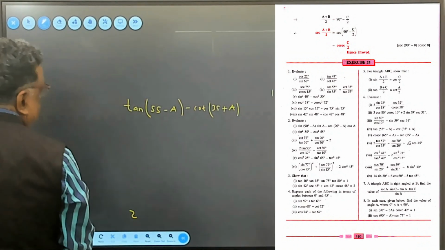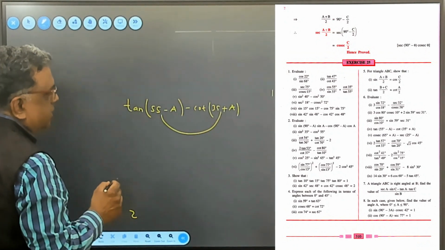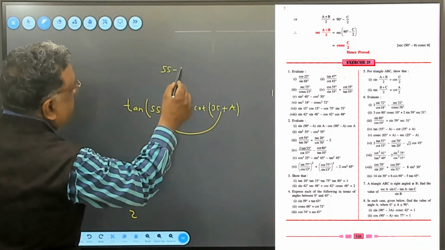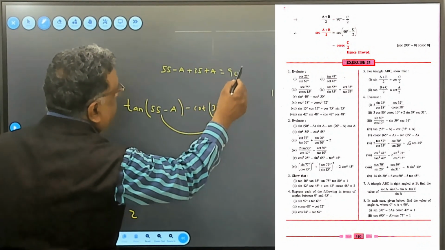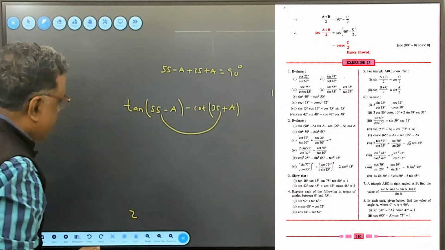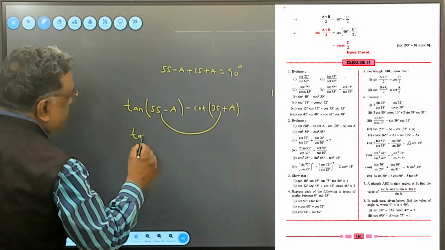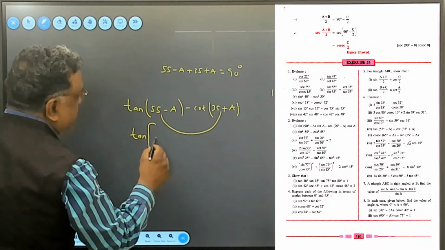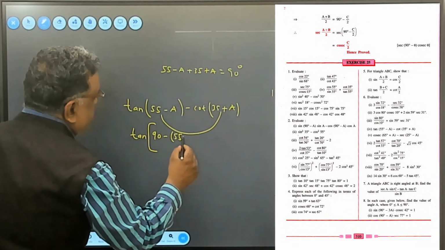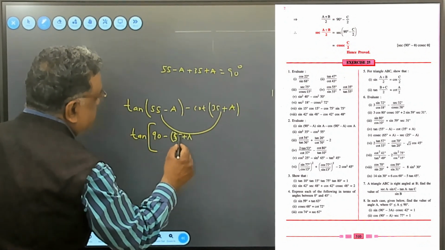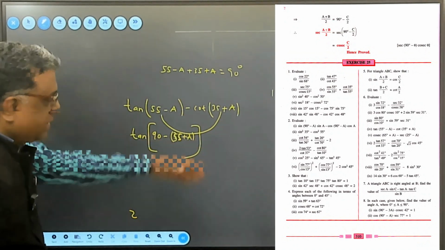So if I try to see this sum, I can add these two angles. If I add these two angles, 55 minus A plus 35 plus A, it comes out to 90 degrees. Which means I can represent these two as complementary of each other. So I will write 55 minus A as 90 minus (35 plus A), because it will be 55 minus A only.